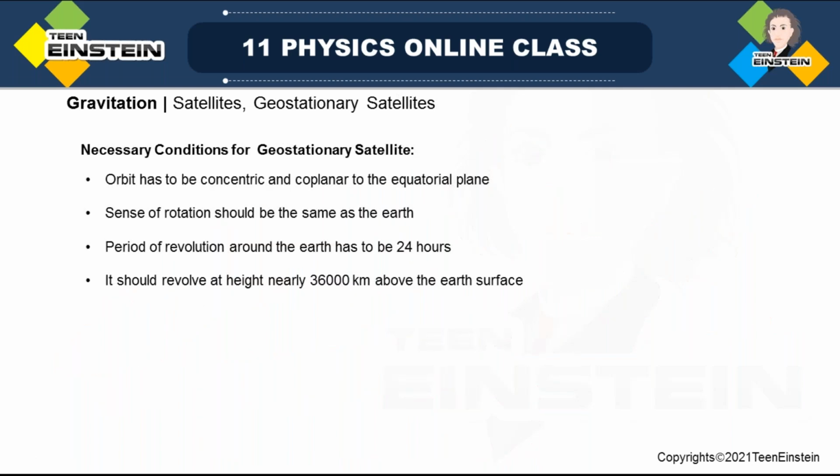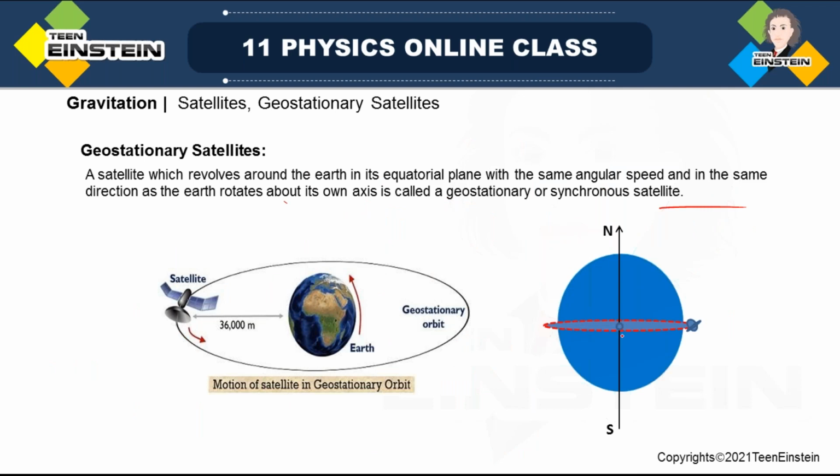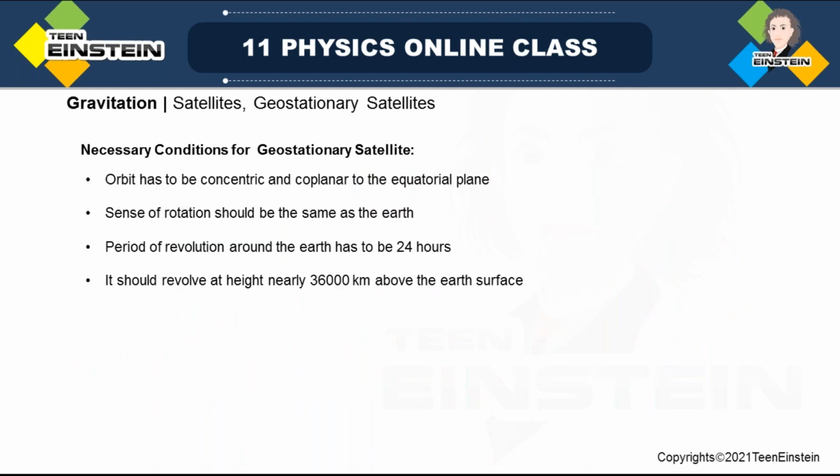Now we'll see some necessary conditions I have already discussed. See, the orbit has to be concentric and coplanar to the equatorial plane, as you have seen from here. Look at this one. The orbit is coplanar to the equatorial plane, and concentric also. And then its sense has to be the same as the Earth. The Earth goes west to east, so that we will not see any relative velocity.